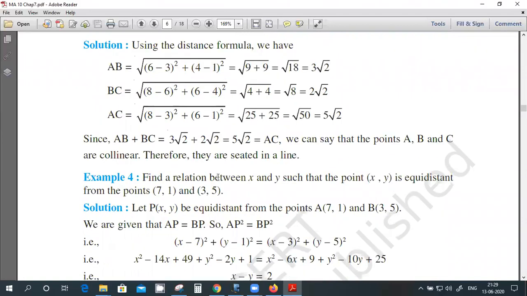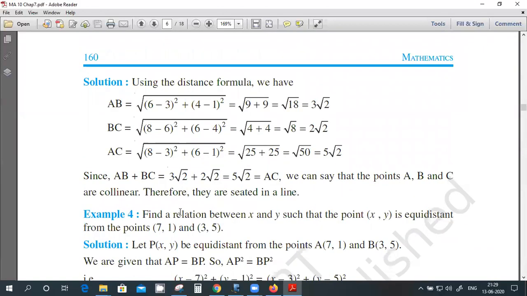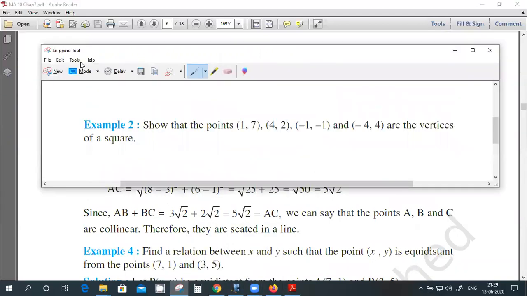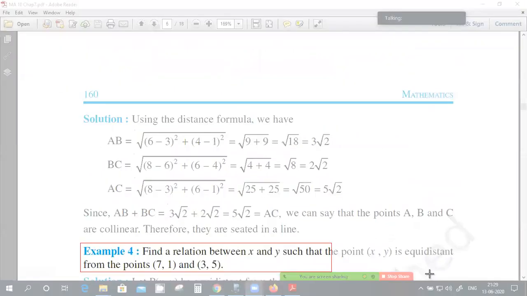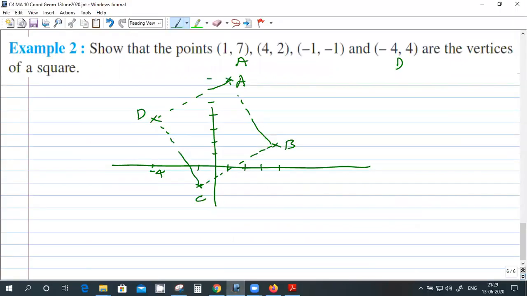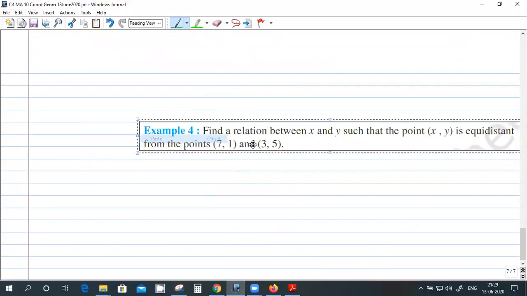Find the relation between x and y, given the point is equidistant from two points. Solve this question. Use your pen and paper. Example 4. Like what should I find here?